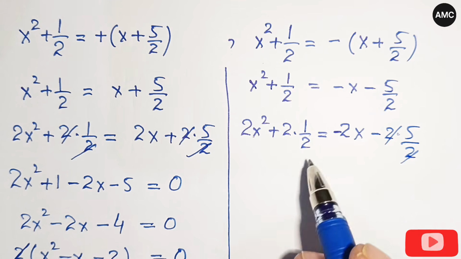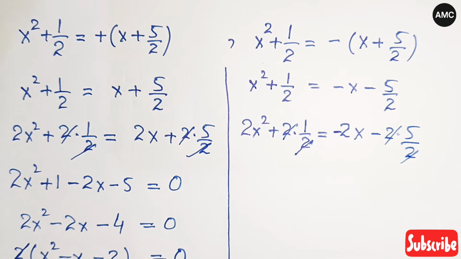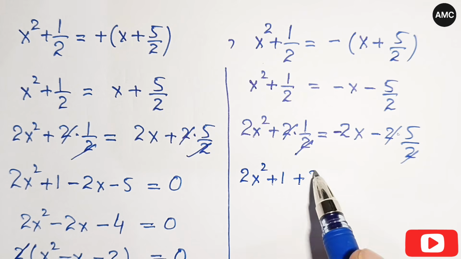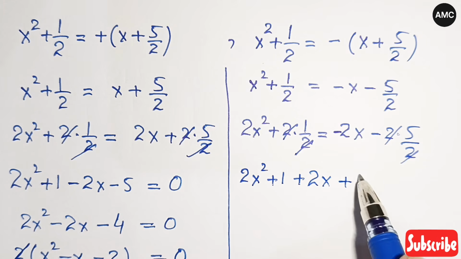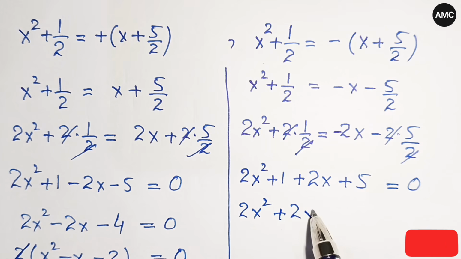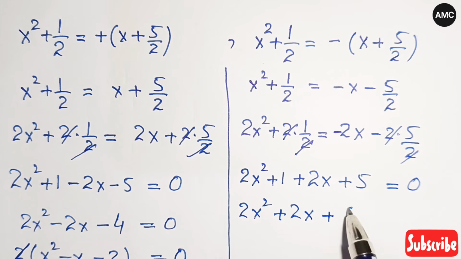Cancelling 2 with 2, again 2 with 2, we get 2x squared. Here we have plus 1. Shifting these two terms, we get plus 2 times x and plus 5 is equal to 0. Now 2x squared plus 2 times x plus 1 plus 5 is plus 6 is equal to 0.